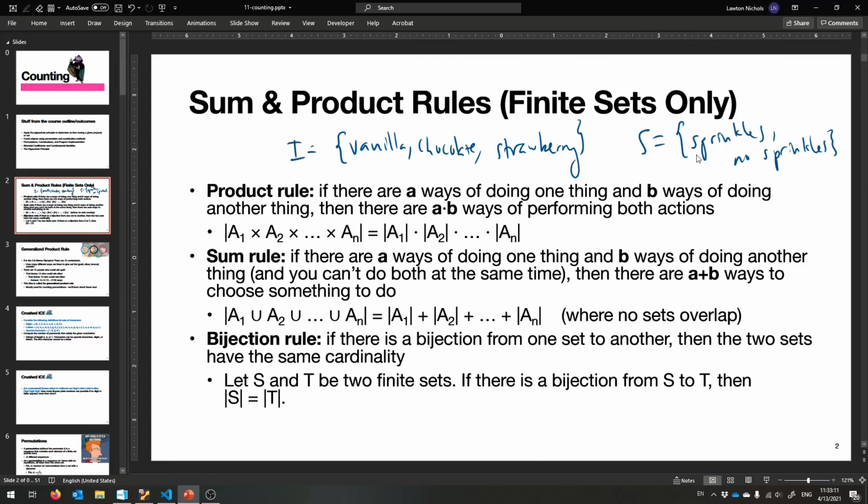So the idea is you can separately pick which ice cream you want and if you want sprinkles or no sprinkles. So you have 3 times 2 ways of picking an ice cream and then picking whether or not you want sprinkles. And the way that we can formalize this is that we have 2 sets and our options are elements.